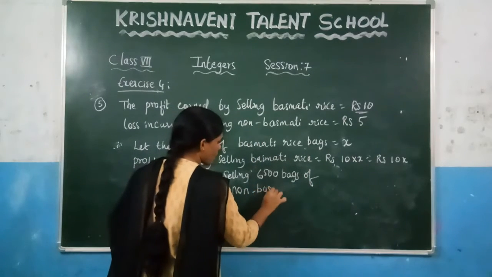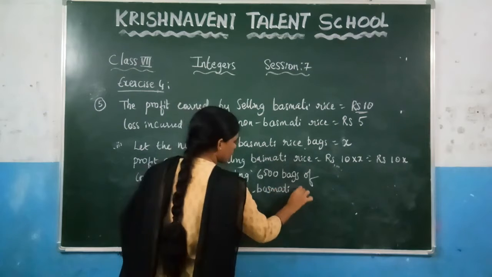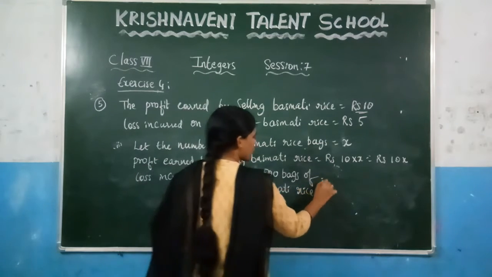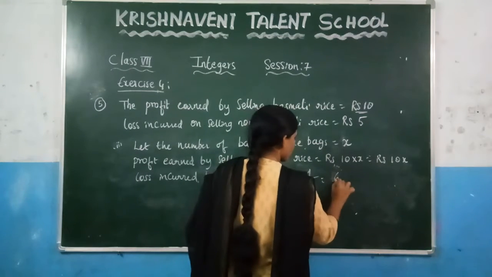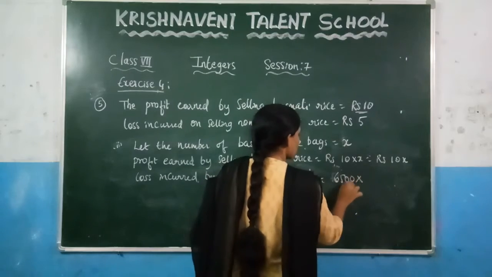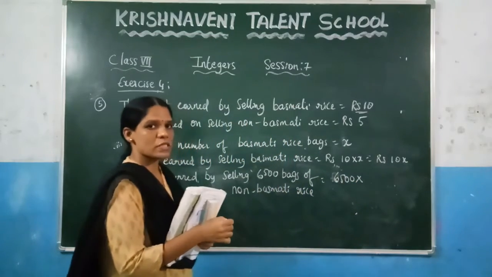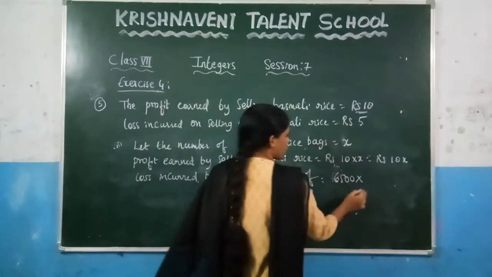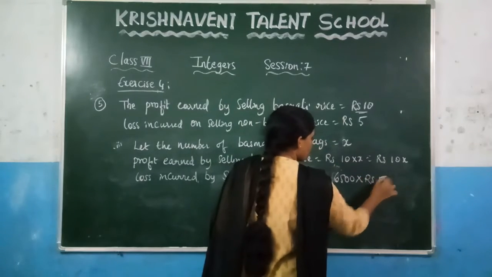Non-basmati rice. So how many bags did he sell? 6500. For each bag of non-basmati rice, how much loss is he getting? 5 rupees. So multiply with 5.